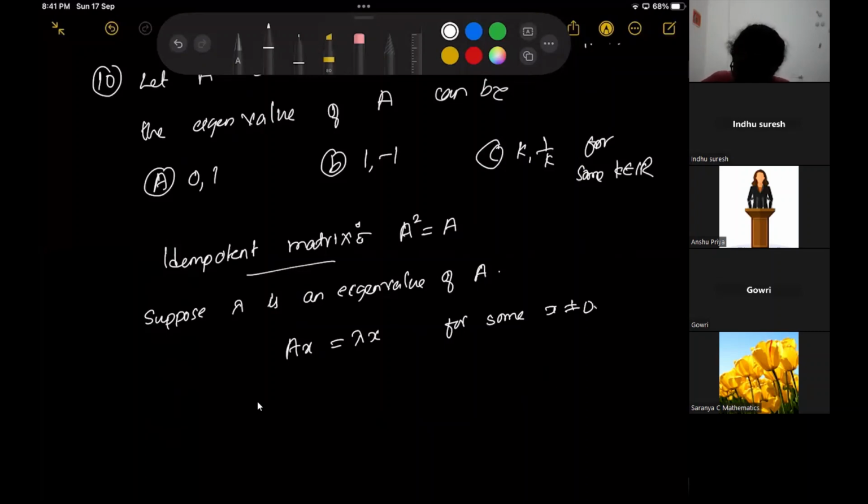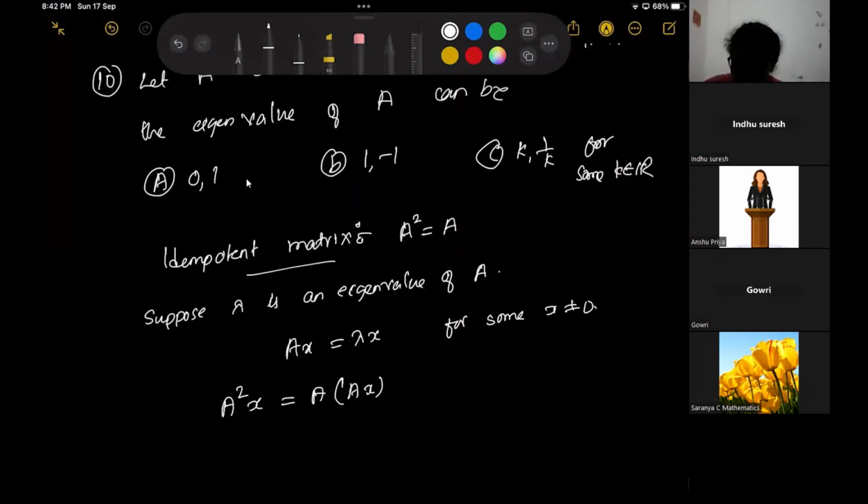Correct? Now, one thing I can write is A square x. A square x is A of Ax. Option A, 0 and 1 are the possibilities.